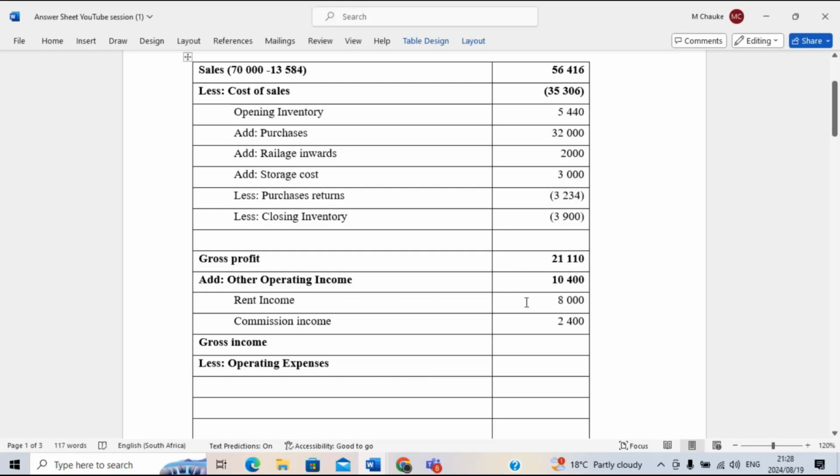Your gross income is going to be gross profit of 21,110 plus other operating income, which is 10,400. You add the two, they are going to give you your gross income. So how much is your gross income?